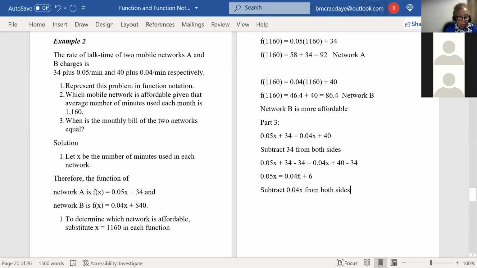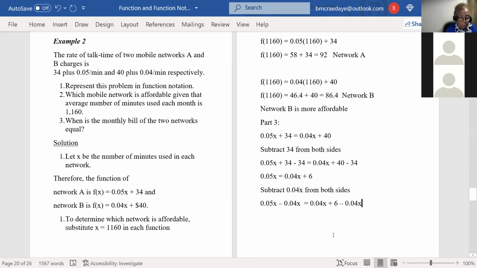So I get my 0.04x on the left, and then with a minus, I eliminate it on the right. So let's do that.